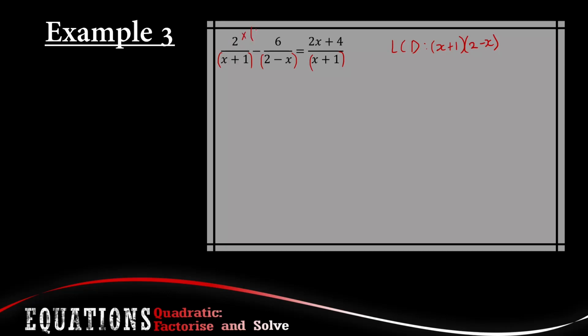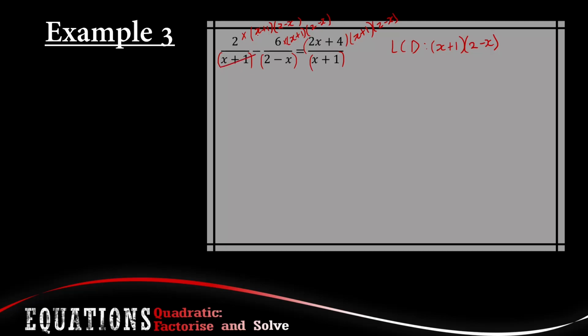So I'm going to multiply that, x plus 1 and 2 minus x, and then x plus 1, 2 minus x, and then multiply by x plus 1 and 2 minus x. Now what happens when I multiply everything with the lowest common denominator? Because the lowest common denominator contains everything in the denominators, all the factors would obviously cancel.